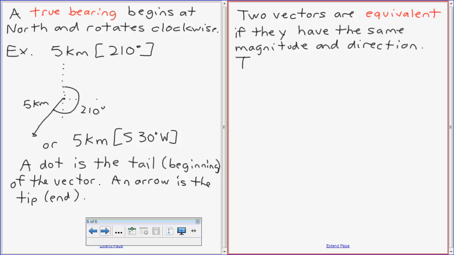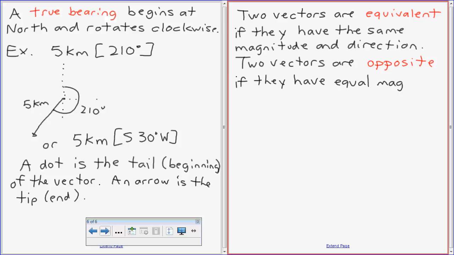Two vectors are opposite if they have equal magnitude but opposite direction. I'll get out of the way here for those who can't see.